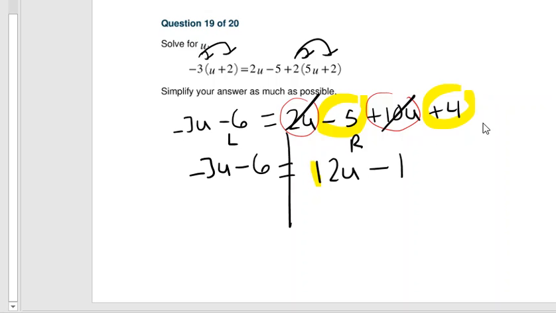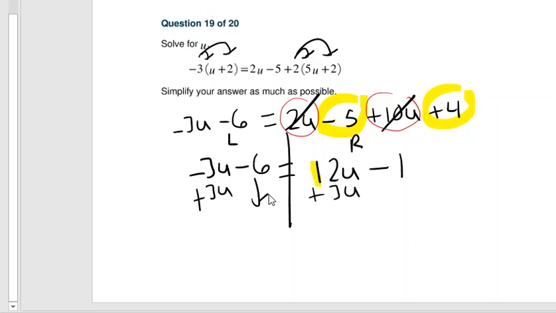A couple of different choices you could make here is you could add 3u to both sides, or you could subtract 12u from both sides. I'm going to go ahead and add 3u to both sides, just so I'm left with something that's positive on the right side.